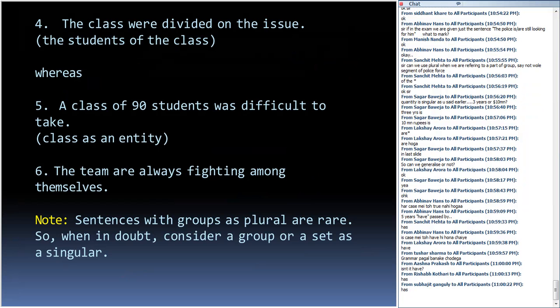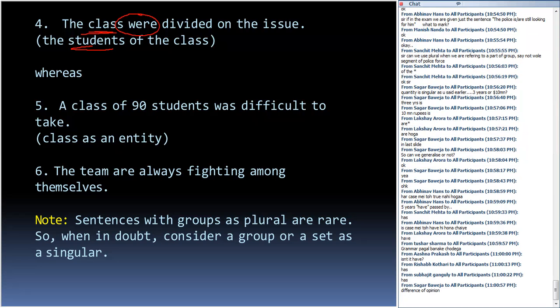So other examples, if there is a sentence which says the class were divided on the issue, now even though class वैसे तो entity होता है, it's a group, but I'm using were, the class were divided on the issue, so over here the meaning implies that I'm talking about the students of the class, but if I say a class of 90 students was difficult to take, so I'm talking about the class as an entity, that is why I use the word was.